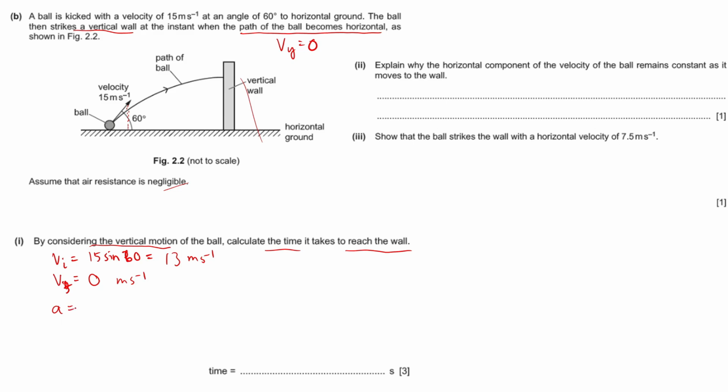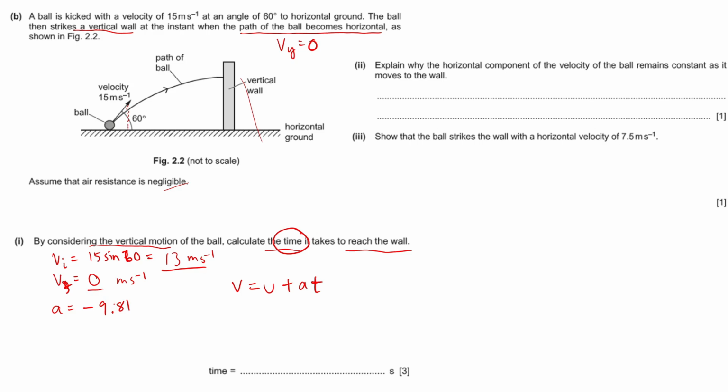So another thing we can deduce is our acceleration. Our acceleration in this case is going to be negative 9.81 because it's decelerating, and this is just gravity. So using these three, we can try and solve for the fourth variable, time. I'm pretty sure you use this SUVAT equation, v equals u plus at. I just think about it like this: this is our initial and this is our final.